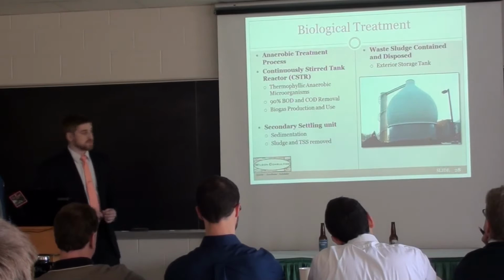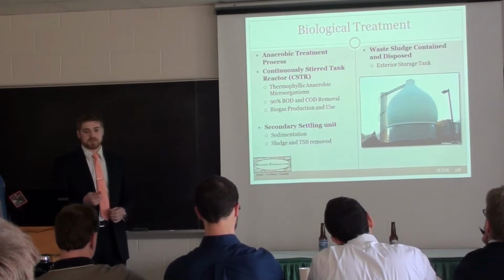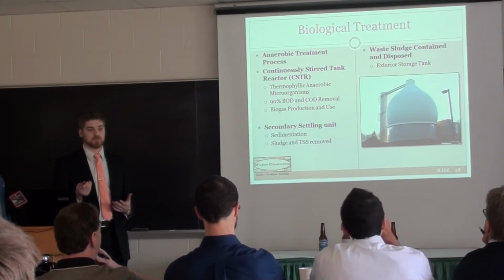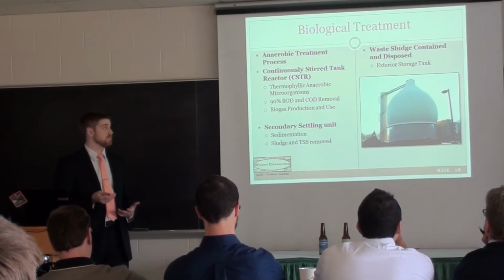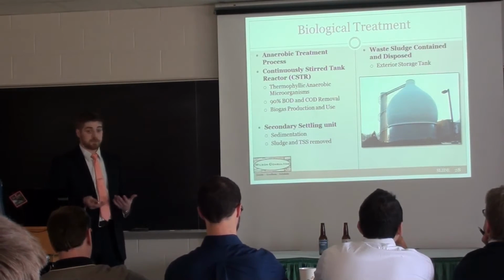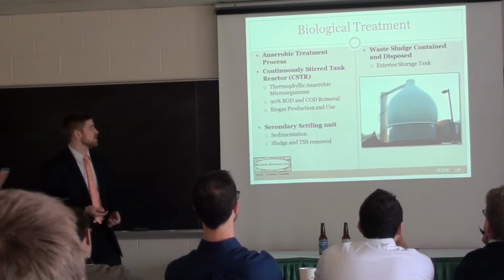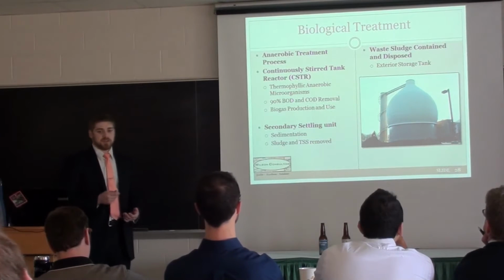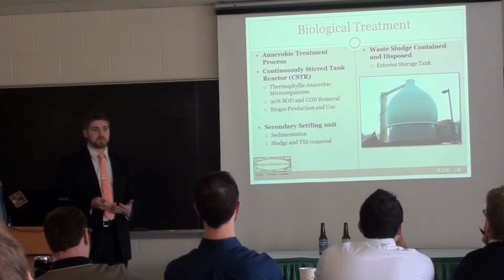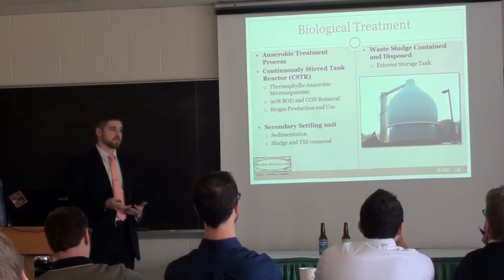The next step is the biological treatment, where we use microorganisms to essentially digest the phosphorus, BOD, and COD to remove those from the water and bring those concentrations down to appropriate levels. So we chose between the aerobic and anaerobic processes for doing so.